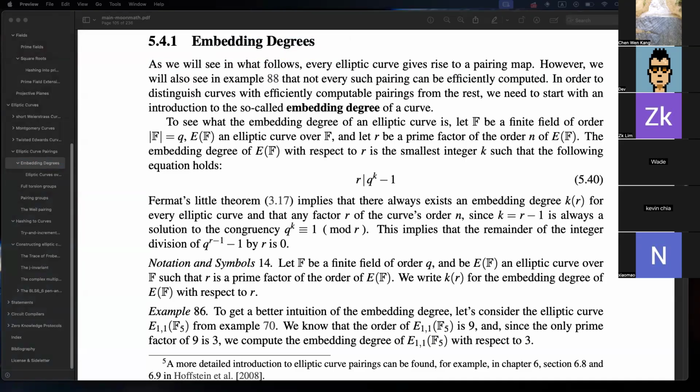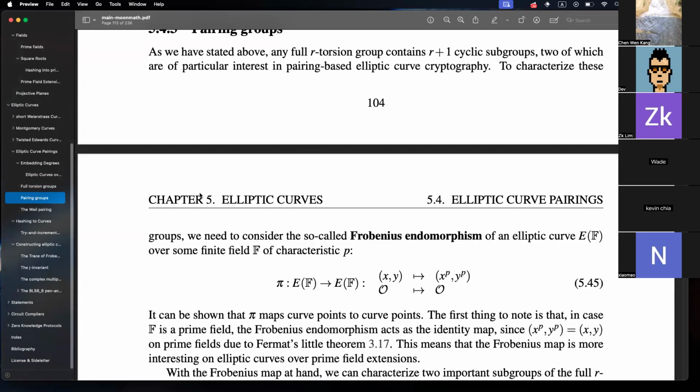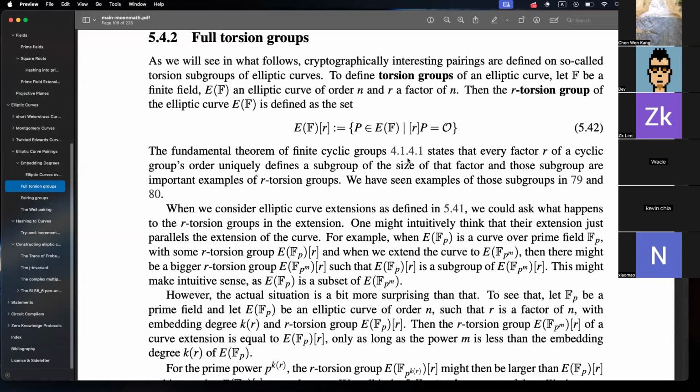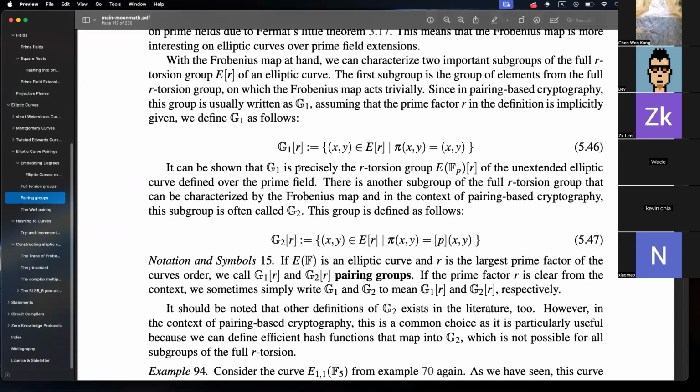What will happen if I use a point from the wrong subgroup? I am assuming you are talking about when you want to calculate the full torsion or pairing groups.